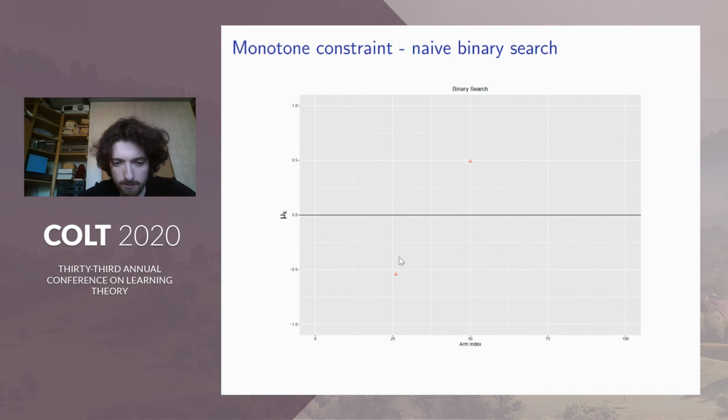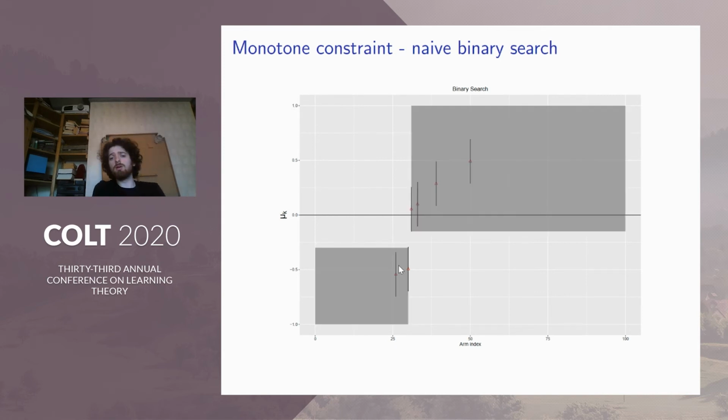Again, we repeat the process, we take the midpoint again, this time it's below threshold, so now we go to the right, we again take the midpoint, and at every step of this binary search, we're removing half our remaining arms. So if the set of K arms gets decreased by a factor of a half at each step, it will take us a total of log K steps to end up with just a pair of adjacent arms, where the sample mean of one is above threshold and the sample mean of the other is below threshold.